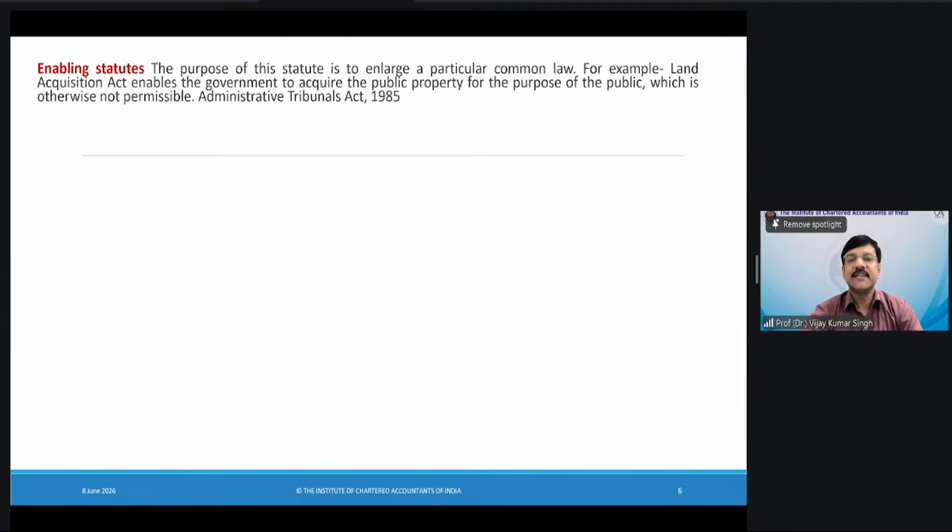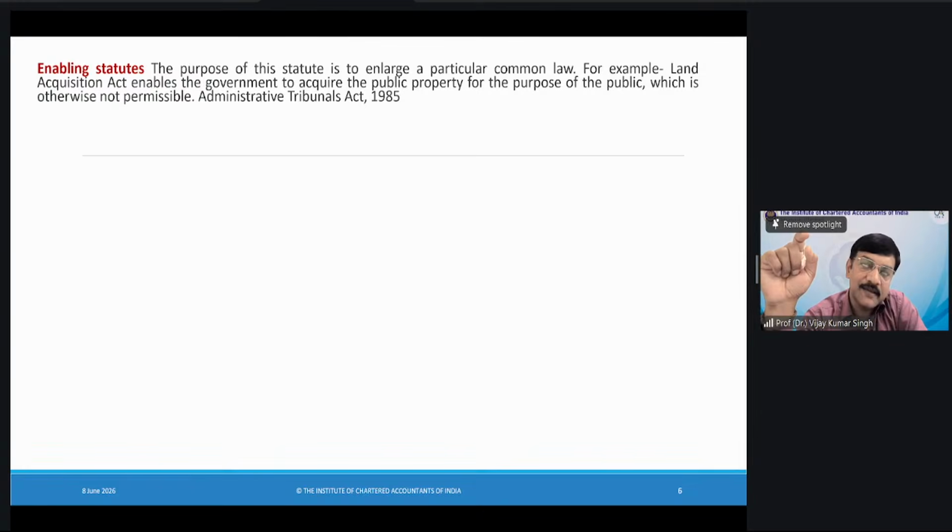Then there is a statute referred to as an enabling statute. The idea here is that it enables the government to do certain things. For example, the Land Acquisition Act enables the government to acquire land for public purpose, right? Similarly, the Administrative Tribunals Act enables the government to establish administrative tribunals. These are called enabling statutes.